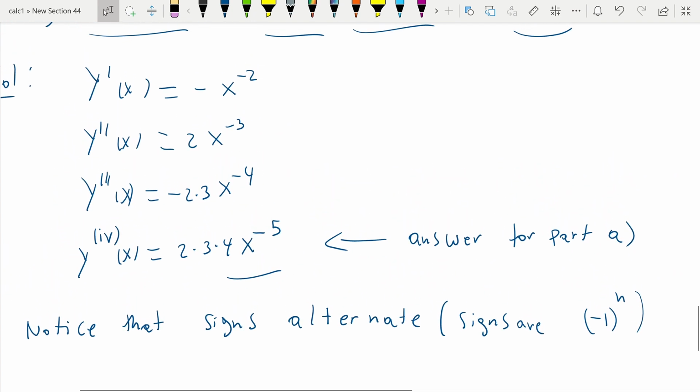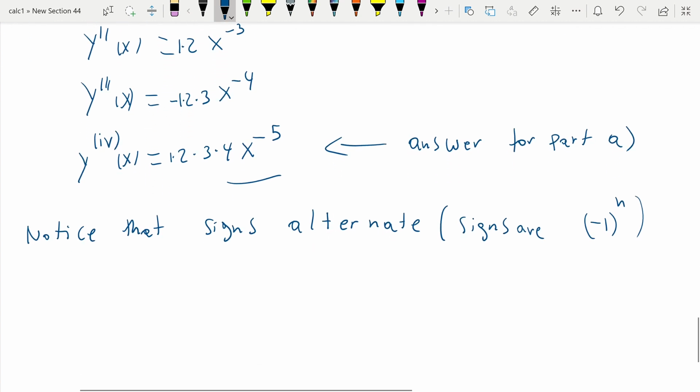Now you see what happens here. I could have written here -1 times x to the -2. The same thing here, 1 times 2, and I could have also written -1 times 2 times 3, and then 1 times 2 times 3 times 4. You recognize this.